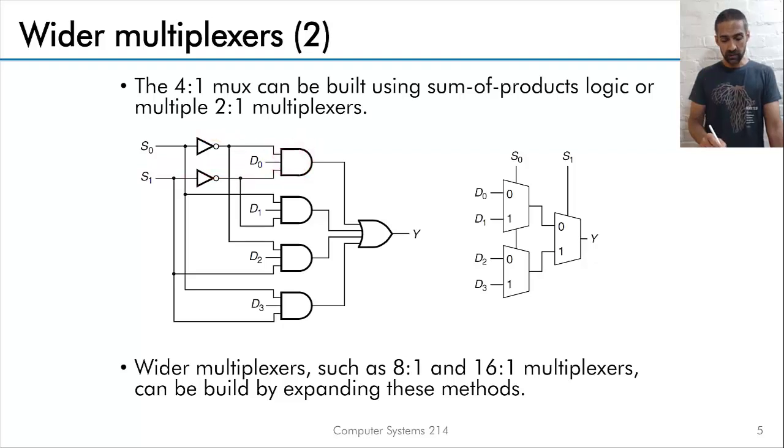The only way that D1 can pass through here is if all of those are 1. If that is a 0 and that is a 0, this will be 0. The only way for it to be a 1 is that must be a 1, that must be a 1, and this must be a 1. If this is a 1 and this is a 1 and this is a 0, the output will be 0.